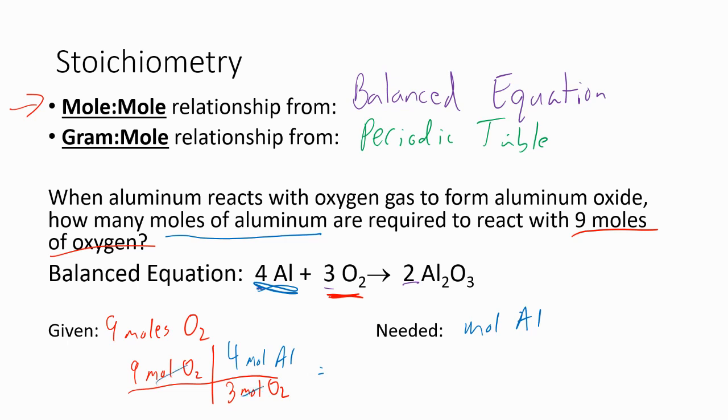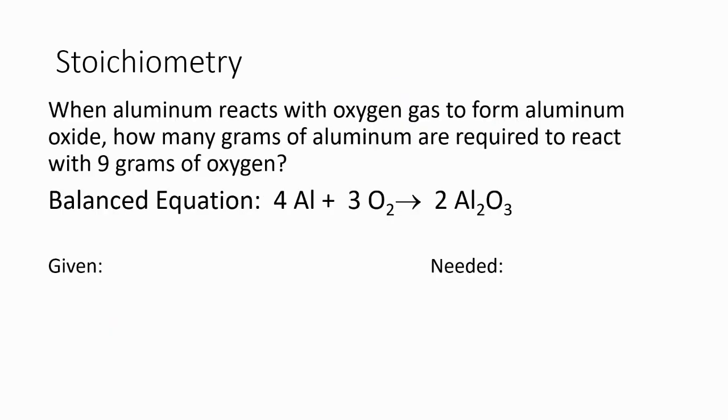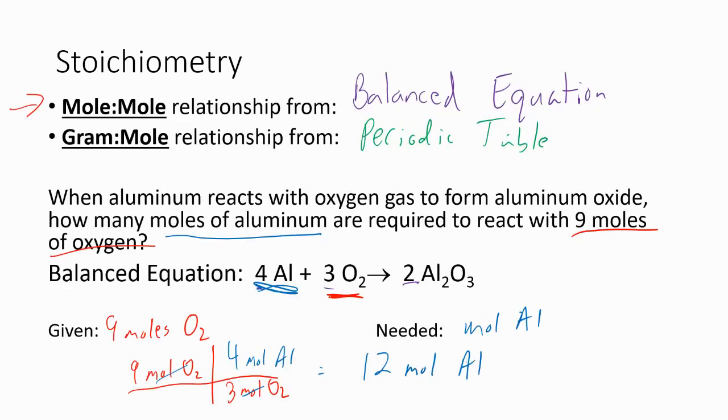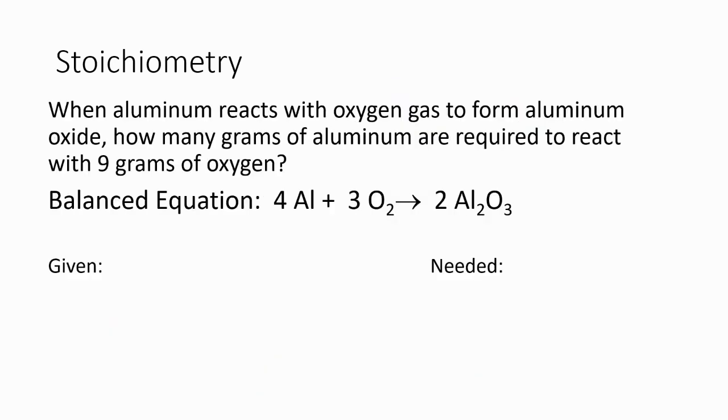Moles is what I needed, so I'm stopped right there, and I get 12, right? So 3 into 9 is 3, 3 times 4 is 12. So that's 12 moles of aluminum. Done and done.